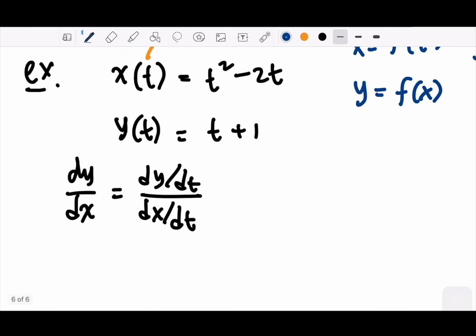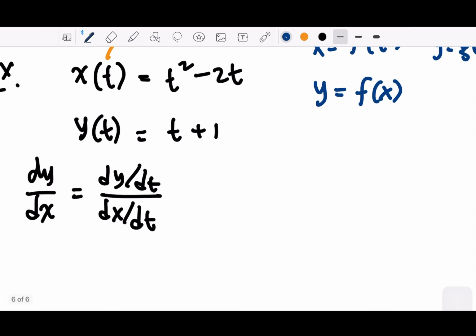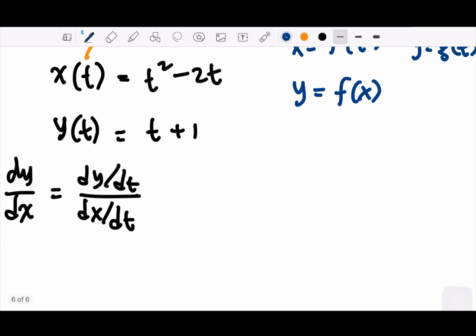before doing this, we can also eliminate the parameter. For example, t is y minus 1, right?